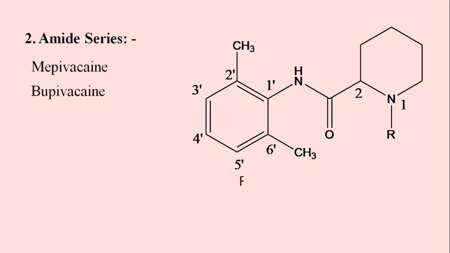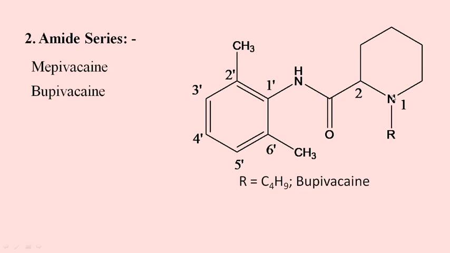Okay, next, bupivacaine. In mepivacaine there was a methyl group here, and for bupivacaine butyl, R equal to C4H9. So its IUPAC name will be 1-butyl-N-(2,6-dimethylphenyl)piperidine-2-carboxamide.